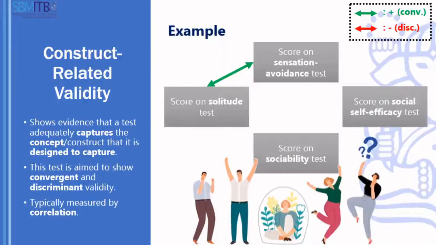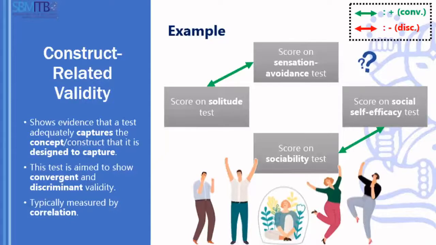How about sociability and social self-efficacy scores? Is it convergent or discriminant validity? It should also show convergent validity, since the more a person enjoys social interaction, the more confident he or she is about his or her ability to exert control over one's own motivation, behavior, and social environment.